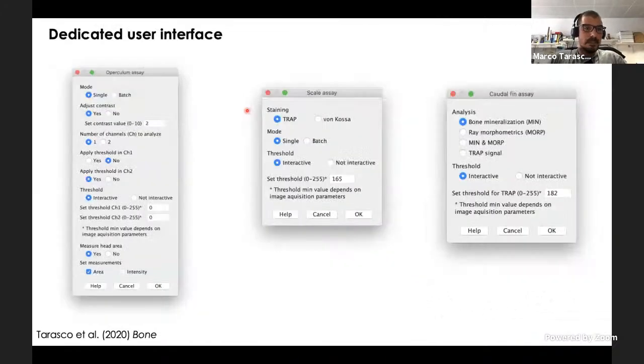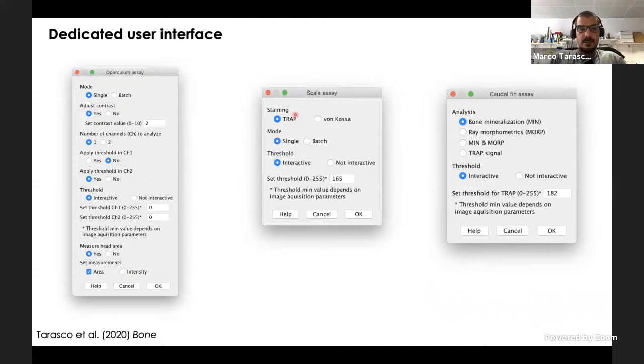Each macro has its own dedicated user interface, and here I'm just showing you for you to have a look. For example, in the Operculum assay, we can choose if we want to analyze only one single image or a batch of images, if we want to apply some image adjustment, which channel we need to select, and also which kind of measure we want.